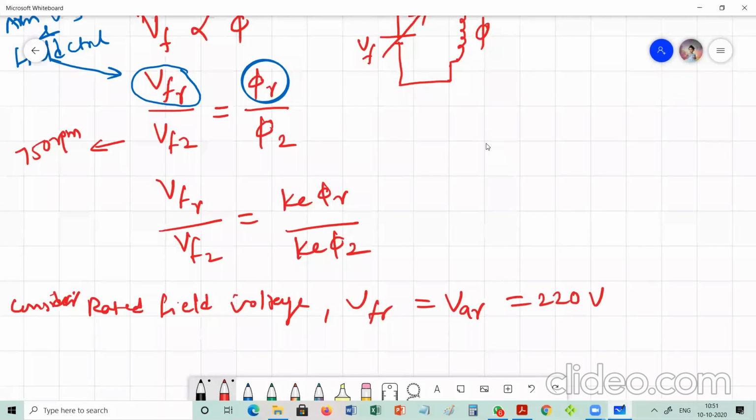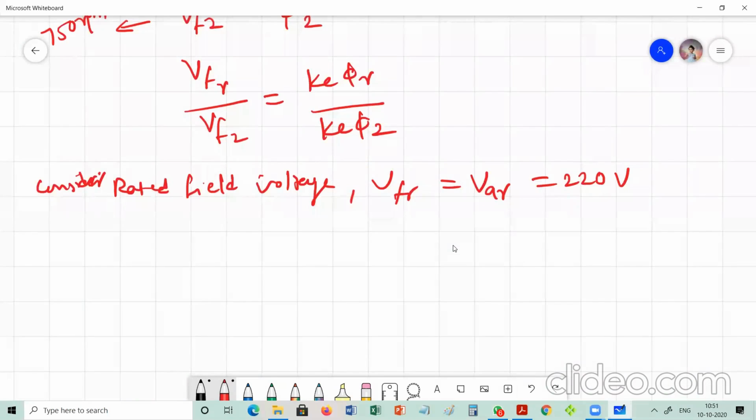If they have given it, then we have to take that value. If it is not given, we consider the rated field voltage equal to the rated armature voltage. I will call this equation number 3.